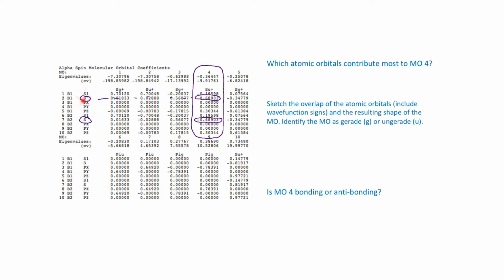The subsequent s is your 2s orbital. Even though it's not labeled explicitly as a 2s, we know that that one is coming after the s1. That's our 2s orbital. So here we have an answer of the 2s orbitals on each of our boron atoms.